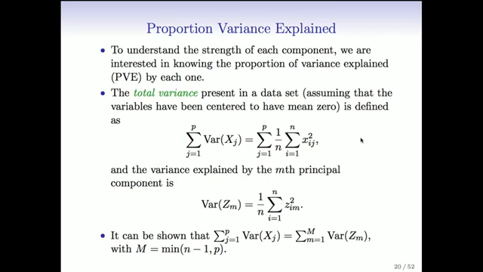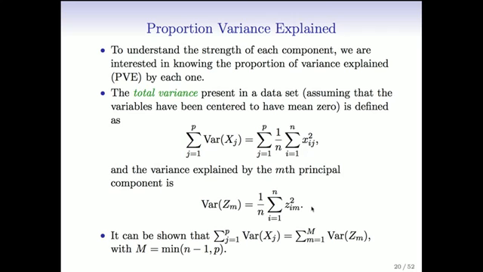So we start off, we've got our variables, and we can talk about the total variance that's about to be explained, which is the sum of the variance of all the variables. Okay? And if the variables have been centered to have mean 0, that's given by this expression over here. 1 over n summation x_ij squared is going to be the variance of the jth variable, and we sum that over the p variables.